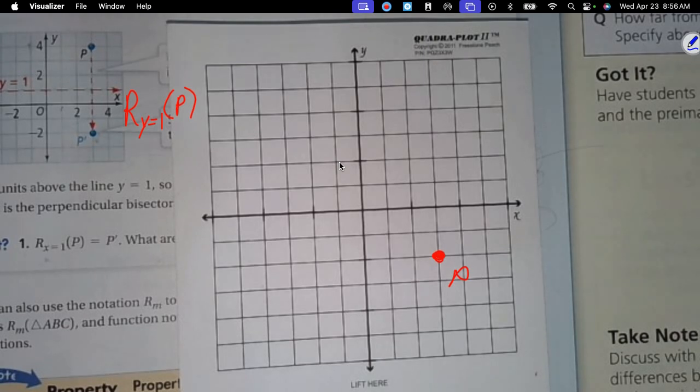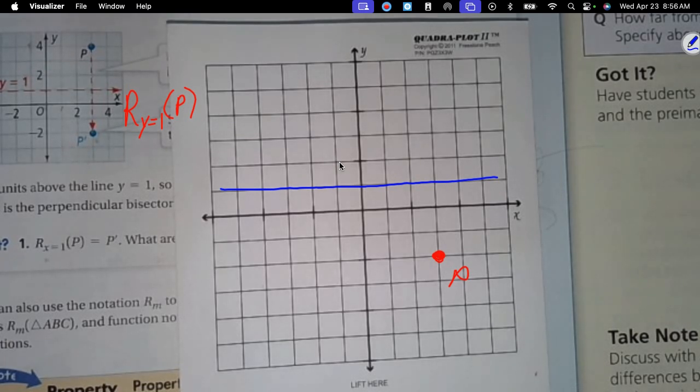Where's the line y equals 1? Where's 1 at on the y-axis? Right here. Instead of starting here, what did I do? I went up 1. That is y equals 1. Does everybody see that? Every one of those points is at y equals 1. So if I'm going to flip P across that line, I am 1, 2, 3 spaces from it.